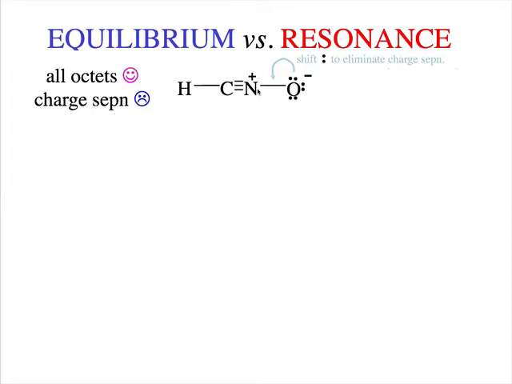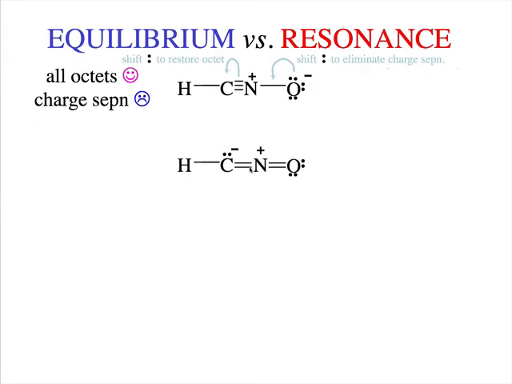The way we can fix it is we can take one of the bonds in the triple bond between carbon and nitrogen and move it onto carbon as a lone pair. So when we do that, we get this structure, okay? We now have a neutral oxygen with 2 bonds and 2 lone pairs. We still have 4 bonds to nitrogen.